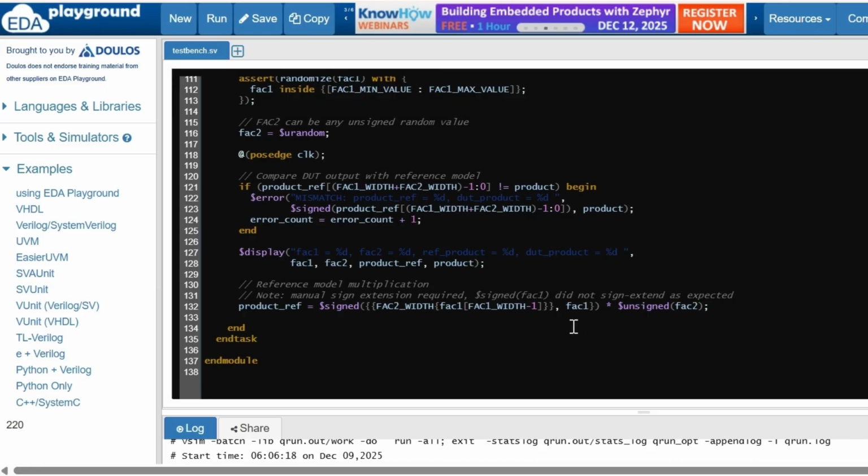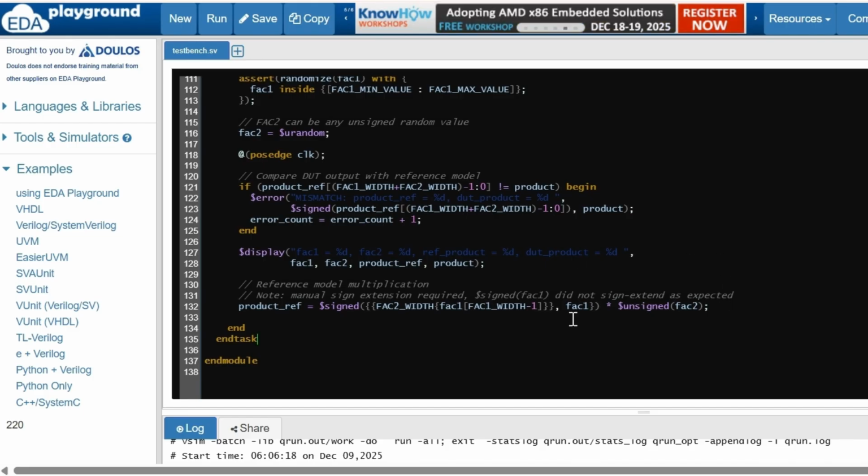So if you see here, there is one important point to note. Our main goal is to multiply factor 1 with factor 2, but the point here is factor 1 is signed and factor 2 is unsigned, so we are multiplying a signed number with an unsigned number. The width of our product ref is the combined width of factor 1 and factor 2, right?